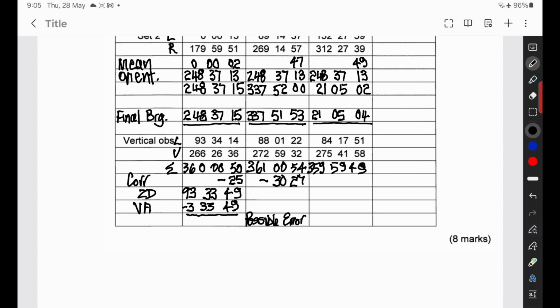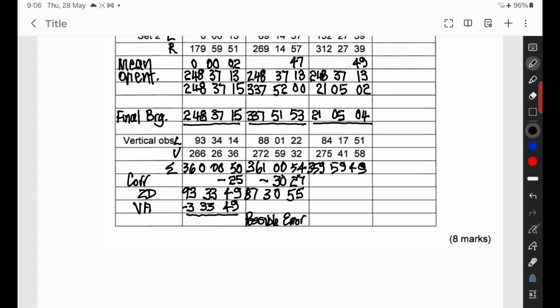Minus, it's 30 degrees 27. Right, so take that from there. 7 from 12 is 5. 55. 1 from that is 0. 31. 87. 30. 55.